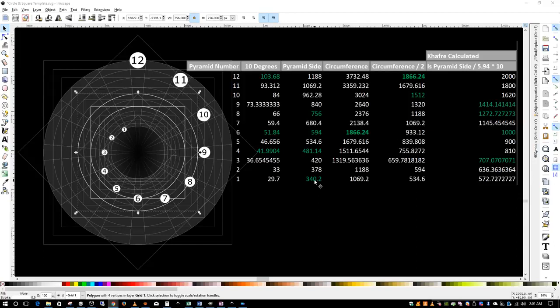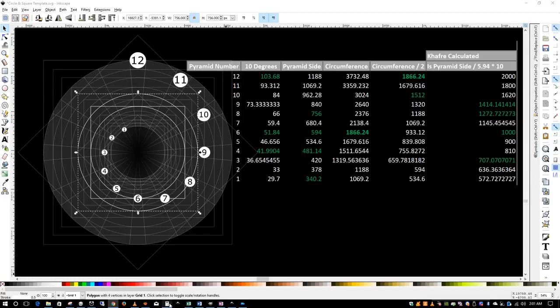But check this out. The relationship between the Little Pyramid and the Great Pyramid is really in the circumference, because the circumference of the side of the Little Pyramid, which is 340.2 feet.